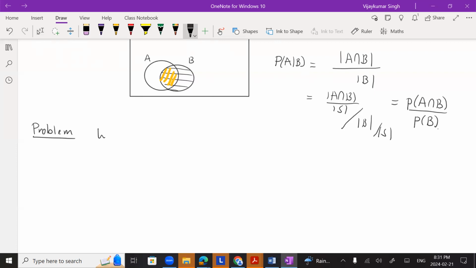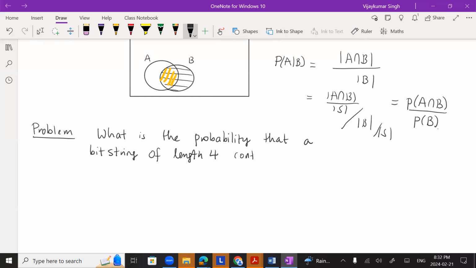So what is the probability that a bit string of length 4 contains at least two consecutive zeros, given the first bit is 0.